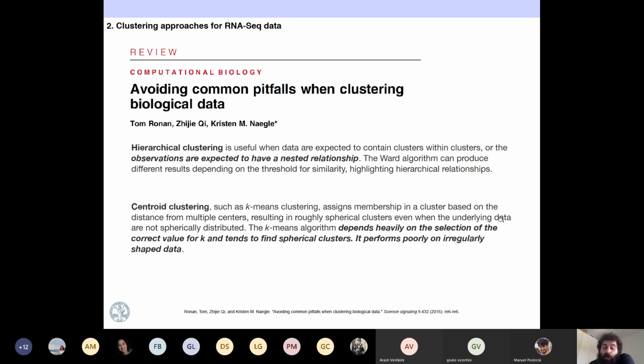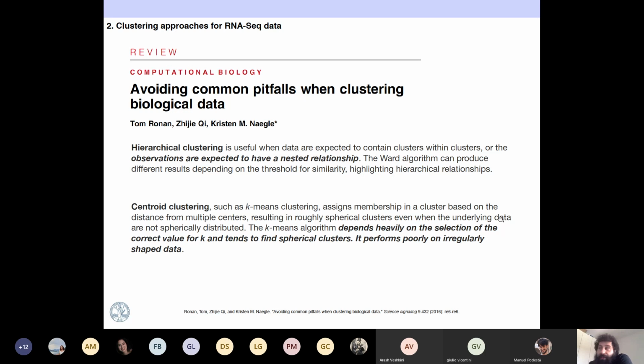So when you think you have nested relationships, meaning subgroups inside groups, that could be a good way. And as I said, the Ward algorithms can produce different results depending on the threshold of similarity, highlighting hierarchical relationships. So Ward is the one you should use, and depending on how you use it, you may still have different results.